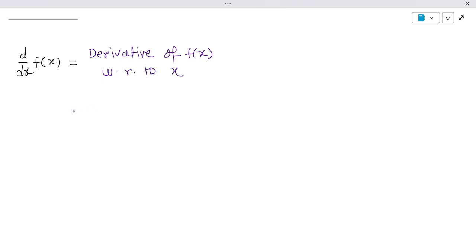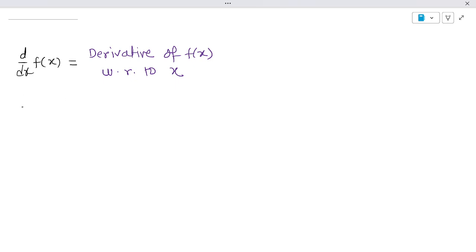So consider we have d by dx of f of x. Then this is read as derivative of f of x with respect to x.